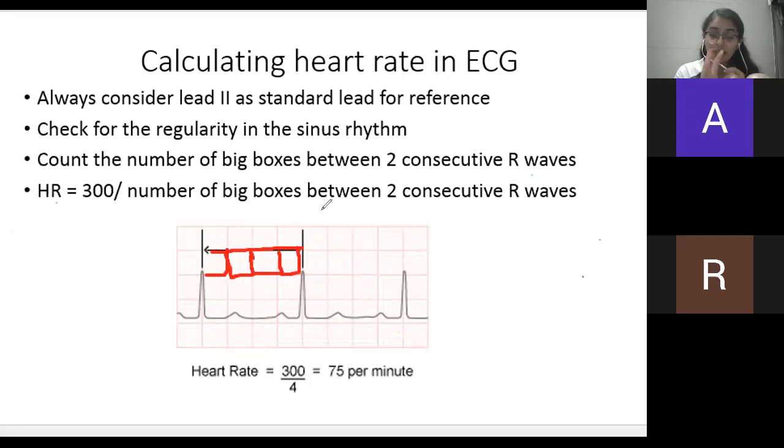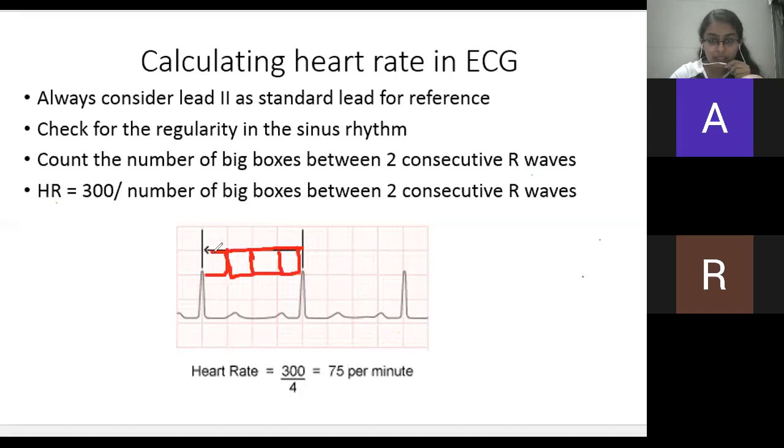So how many big boxes will cross in 60 seconds, which is equal to 1 minute, and which is the time duration of the heart rate that we calculate, the number of beats in 60 seconds? So there are 300 big boxes which cross the machine in 60 seconds.